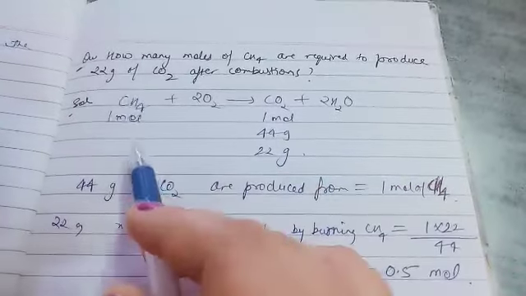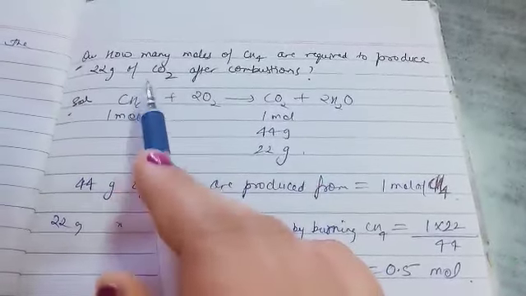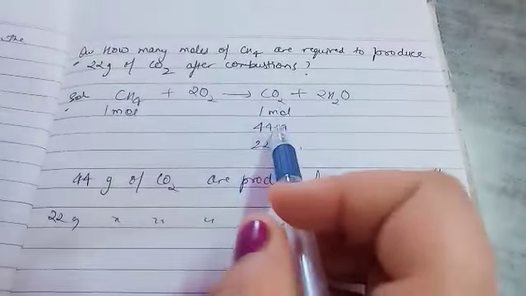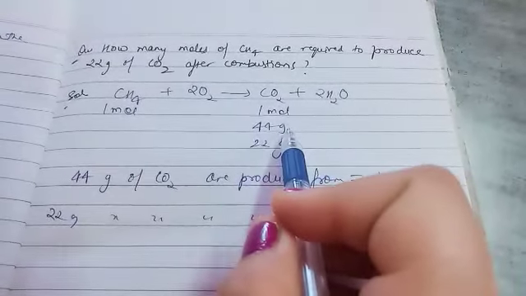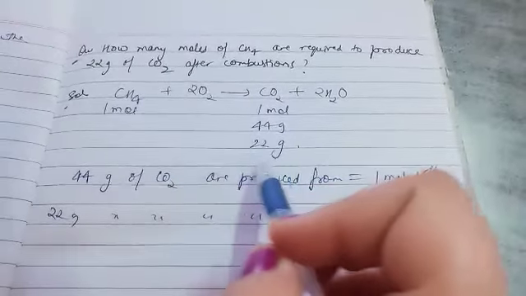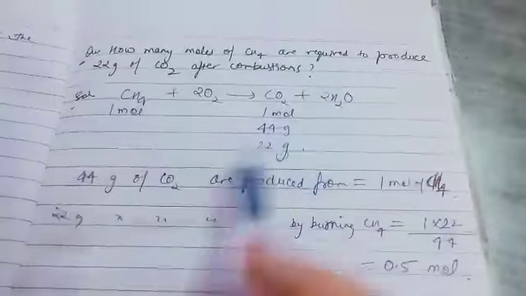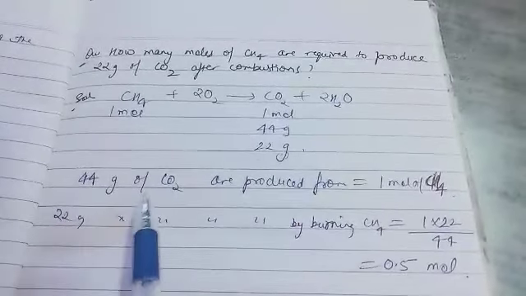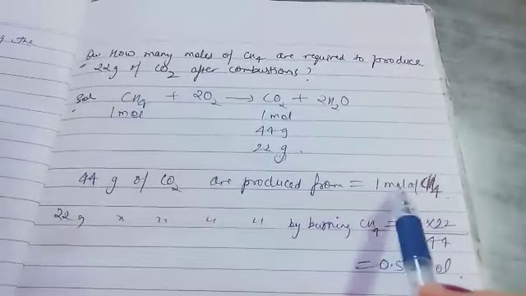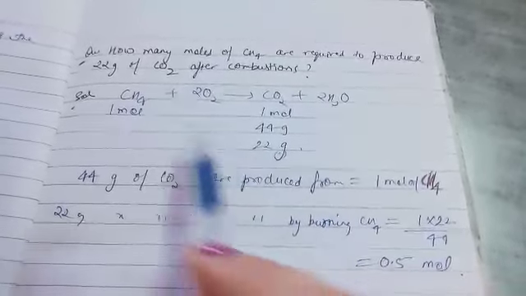Now their masses. Actually here, moles are required. So in this case, the mass of CO2 is 44 gram. And here you have to calculate for 22, so you can use the unitary method. 44 gram of CO2 is produced from 1 mole of CH4. Simple.